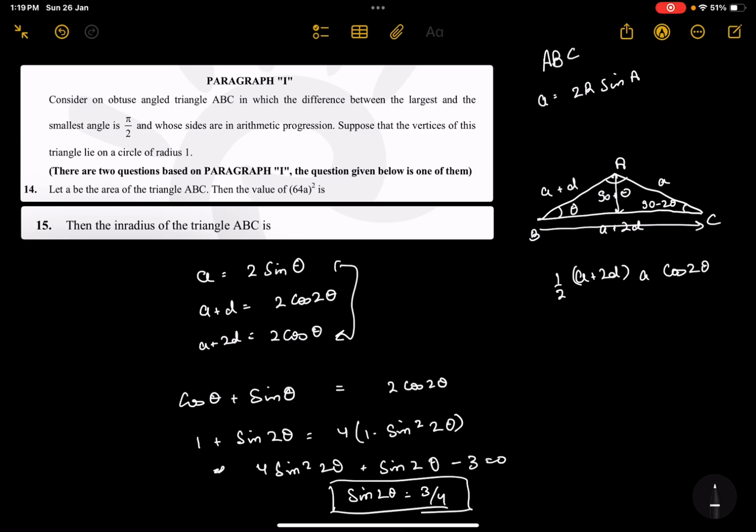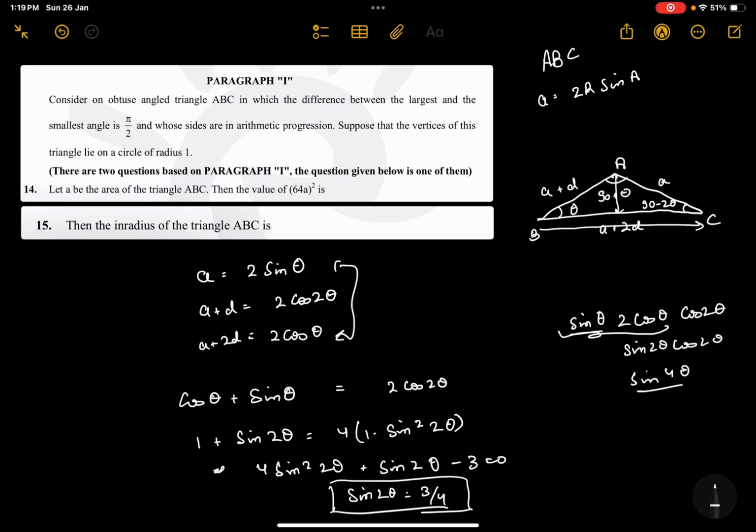Now we have a is 2 sine theta, so half a is sine theta, half a goes away and is replaced by sine theta. Then a plus 2d is 2 cos theta, so this also goes away and we are left with cos 2 theta, which comes here. So these two together become sine 2 theta. So this is sine 2 theta cos 2 theta. So area is sine 4 theta by 2.